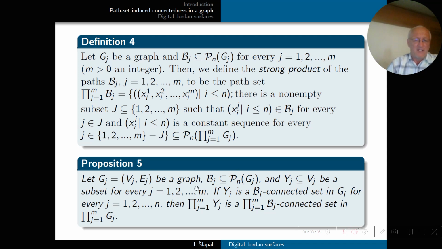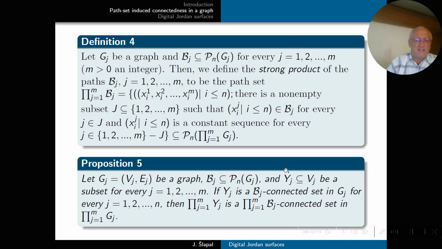Because of this Proposition 5. If we have a system of graphs, and in every such graph there is this set of paths Bj, and now if we have in every one of these graphs some Bj connected subset, then the product of these subsets is connected with respect to the strong product of these paths in this strong product of graphs.